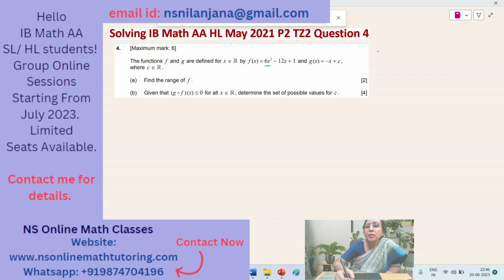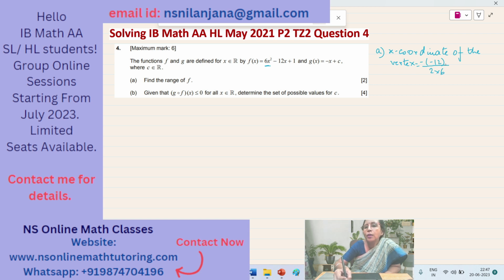So the x coordinate, this is subpart A. The x coordinate of the vertex will be minus b over 2a, minus of minus 12 over 2 times 6.